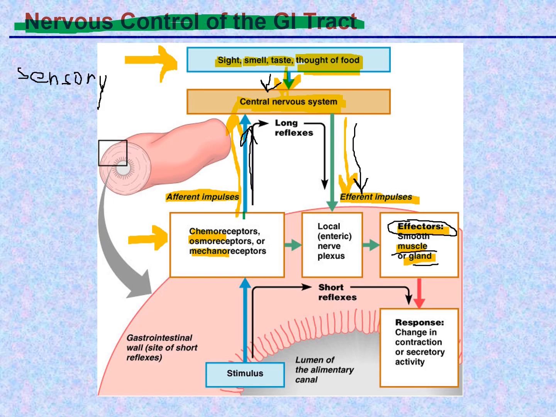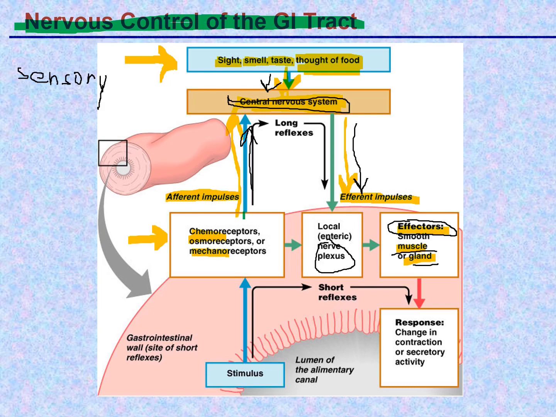The difference between long reflexes and short reflexes is that long reflexes actually go up into the central nervous system, whereas short reflexes are processed locally by these nerve networks in the wall or just outside the wall of the gut.